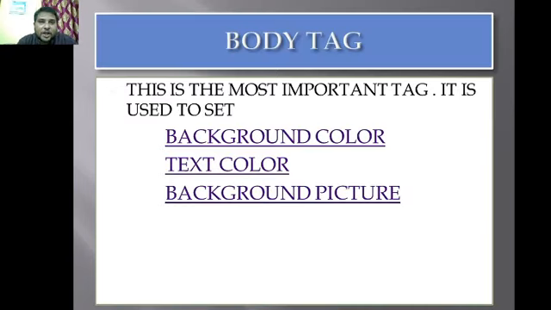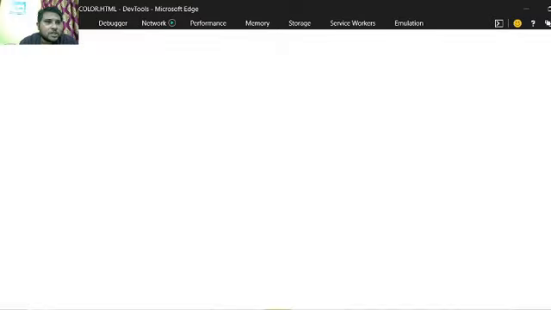Now talking about the body tag, here we will be talking about three very important attributes of the body tag. The first attribute is the background color. I will show you the example, then you will understand. The background color of this web page is red. Now see the code.